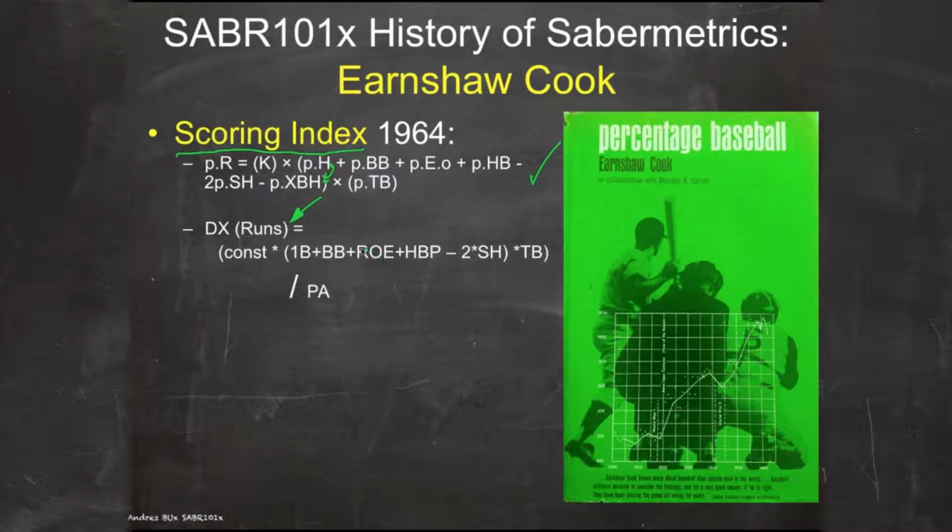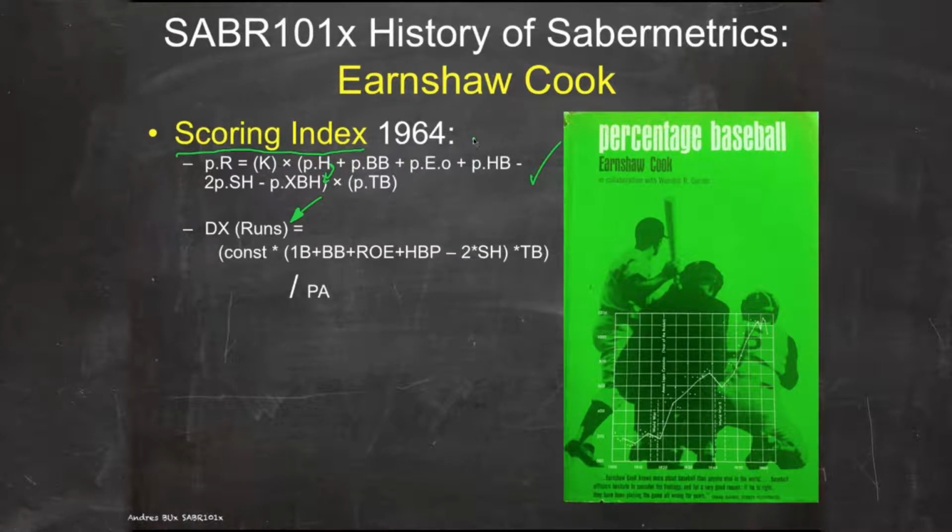And there's a lot of familiar things in here, but it's a little different. He's got total bases divided by plate appearances, which looks similar to slugging. He's got on-base sort of things divided by plate appearances, which looks similar to on-base percentage. It's not quite what we've seen before in terms of OPS, but it's OPS-like. It's similar to OPS in a way. So this is his 1964 formula.